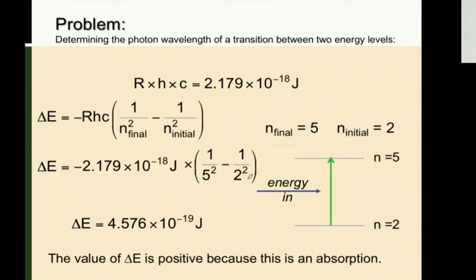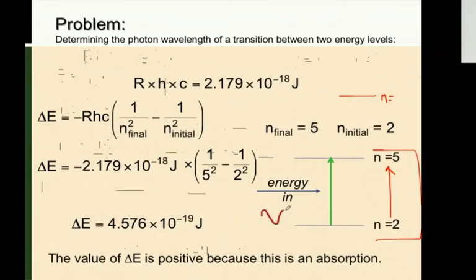which is our initial. So here we're seeing an absorbance from n is equal to 2 to n is equal to 5. This is the energy in. So energy in is like the electromagnetic radiation, something like that.